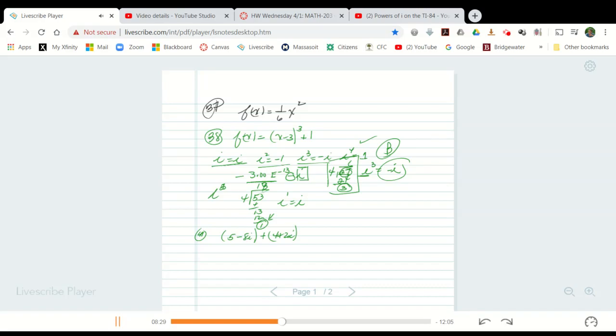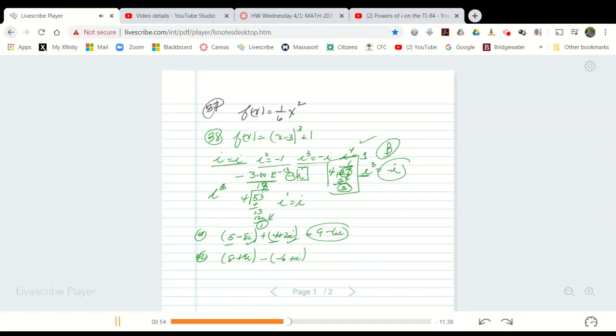I forget which number it was. But no, the calculator would not do that. It was going back to number 28. You had to FOIL that out. Here your calculator would give you your answer. But how hard is it to take 5 and 4 and get 9, combine a negative 8i and a positive 2i to get a minus 6i? Takes seconds.